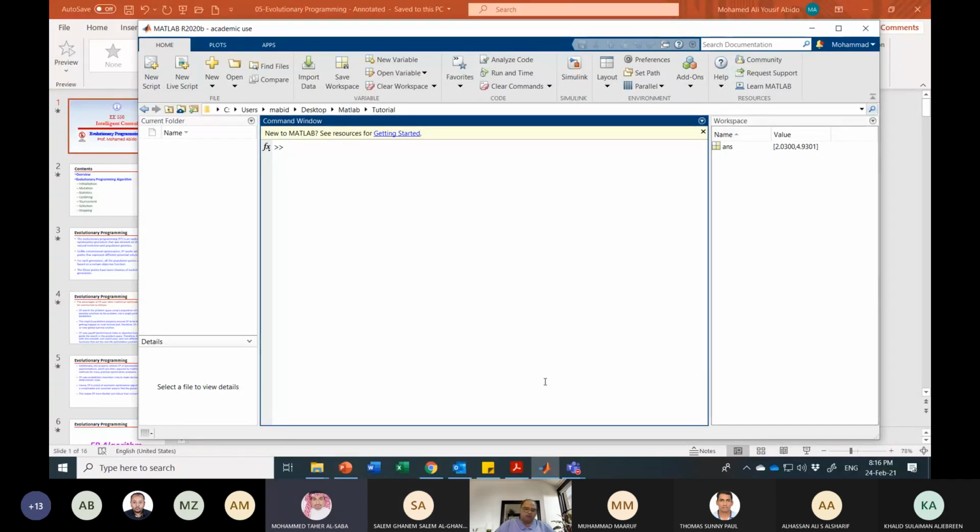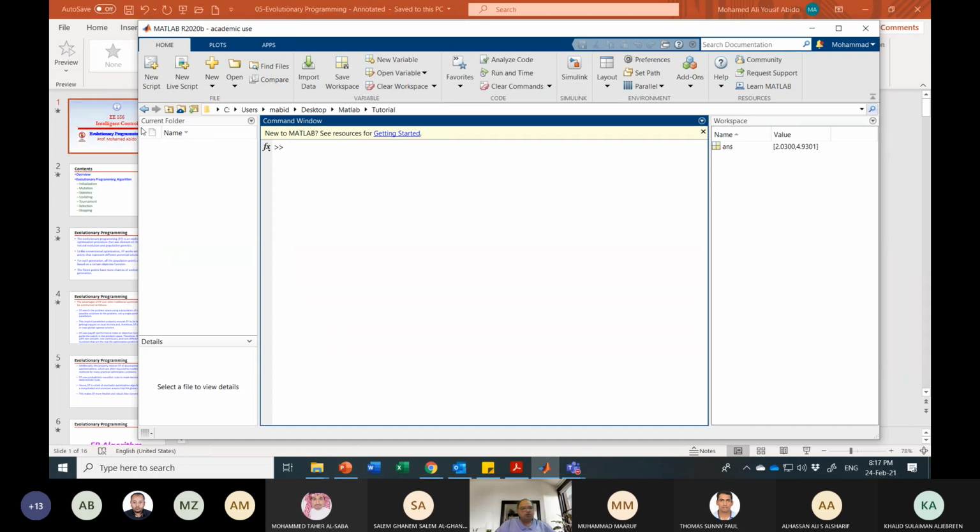Yes, the optimal solution is 3, and the objective function at that point equals what? Equal to 0. So the optimal solution is 3, and the objective function corresponding to this is 0.